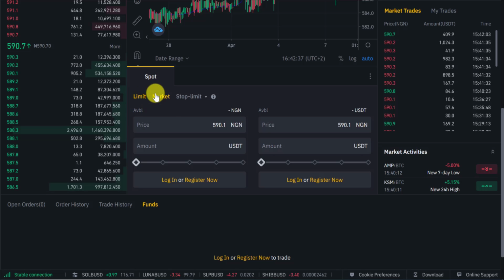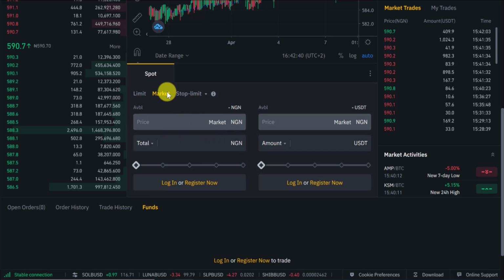Once you select market here, that means the trade will be executed immediately, and then you can put the amount you want to buy. If you want to buy USDT with 500 Naira, 10,000 Naira, 200,000 Naira, or 500,000 Naira, you can do that here. Or you can type in the amount you have here.